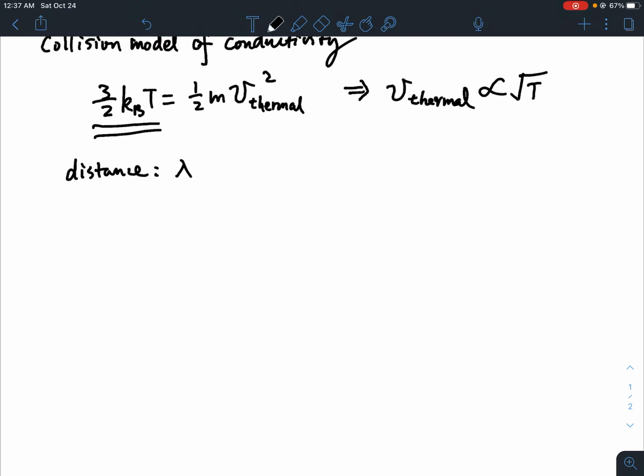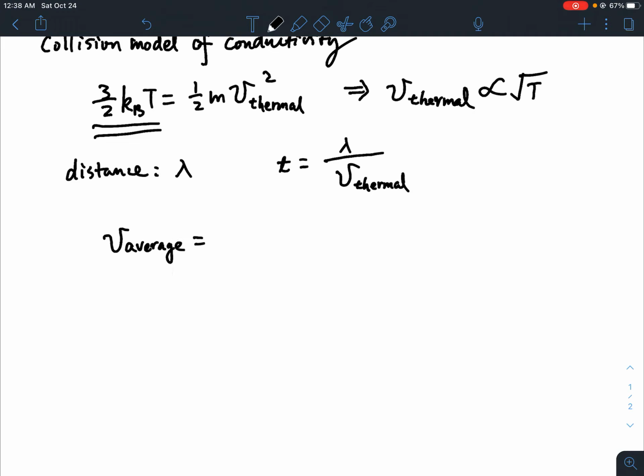It is just a number, and the time it takes to travel is lambda divided by v_thermal.